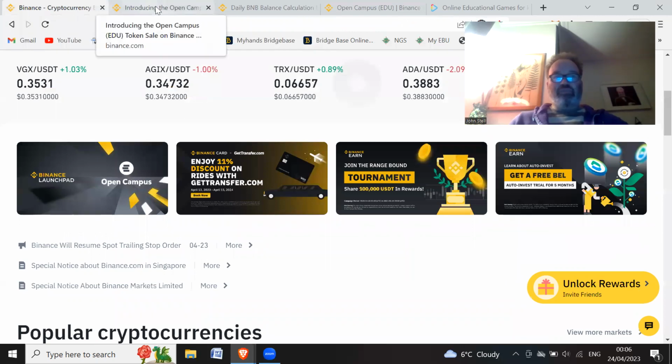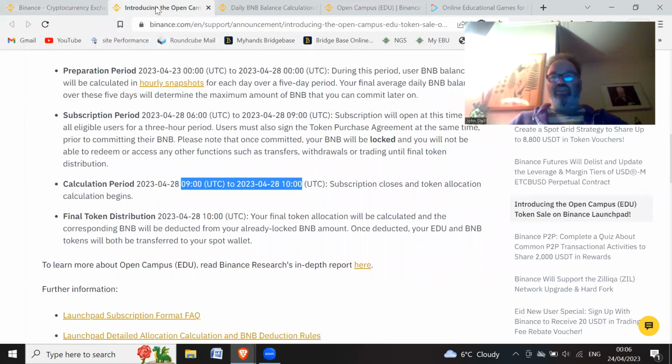So you tend not to lose, let's put it like that. If you're holding BNB, now whether you should buy BNB in order to commit to this process, that's a different kettle of fish. But if you already hold BNB, then this is a no-brainer process. If you're not going to get rid of it in the next 5 days, put it into this for a few hours and then get some free EDU tokens.